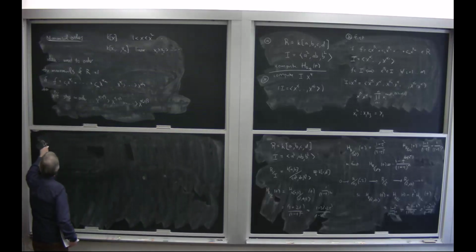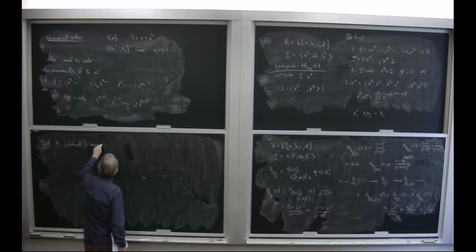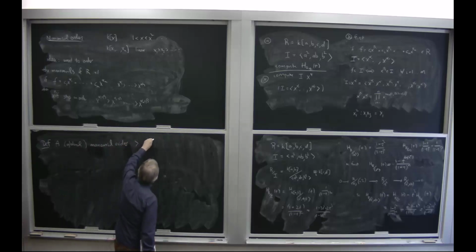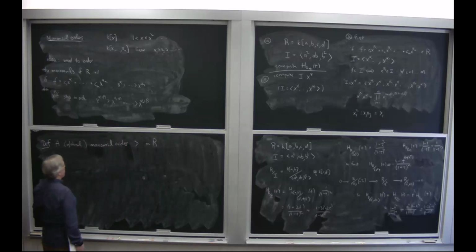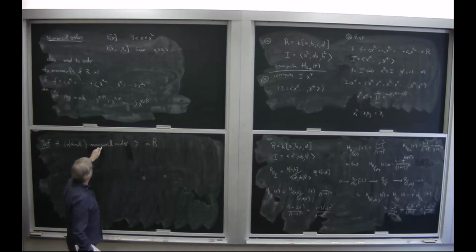So, definition. A global monomial order, greater than, on R. Okay, the global is just going to have this, we'll say something about it. Monomial order, sometimes you also use the word multiplicative order.